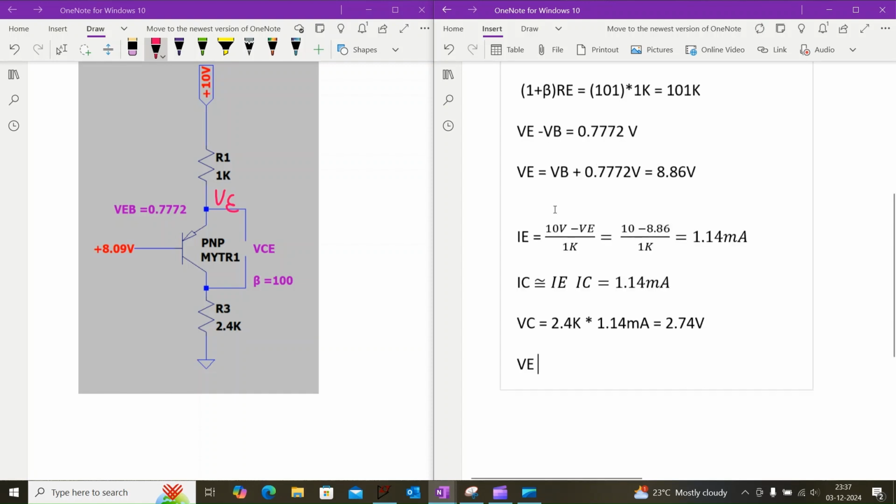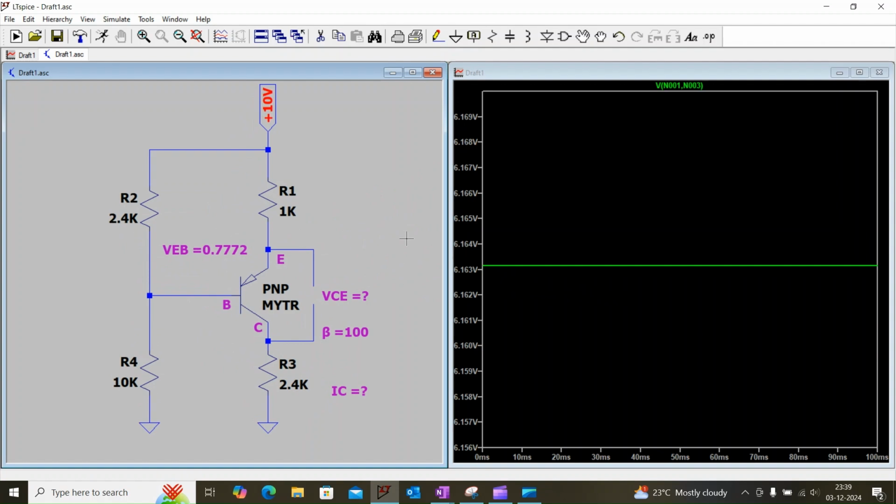And we know that VE is equal to 8.86 volt, so we can calculate VCE. VCE is equal to VC minus VE, which is equal to 2.74 volt minus 8.86 volt, which is equal to minus 6.12 volt. In this way, we can find the voltage across the collector to emitter junction and the collector current IC. So let us simulate the circuit.